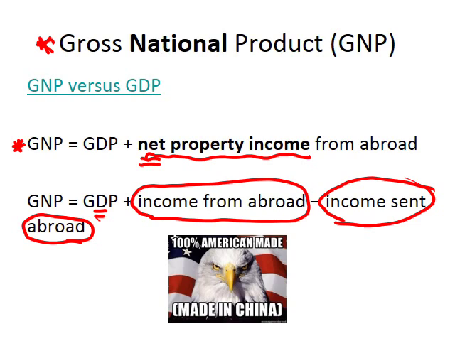Then we would take any multinationals which are operating in Canada and subtract any income that they've sent abroad, so any of the profits and so on that they've sent to their home country. But we would also add to the equation any income that we have of Canadian companies that have been operating abroad when we bring our income back home. So GNP is a better sense of the overall income or wealth of a country.